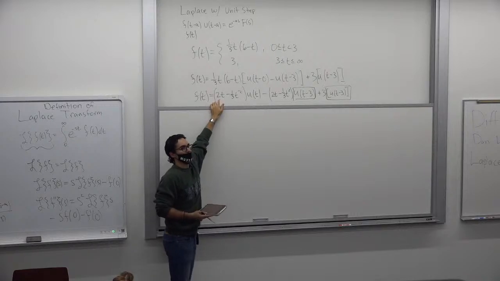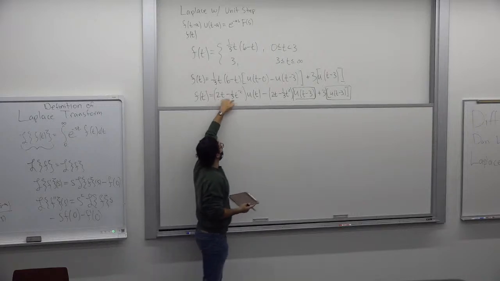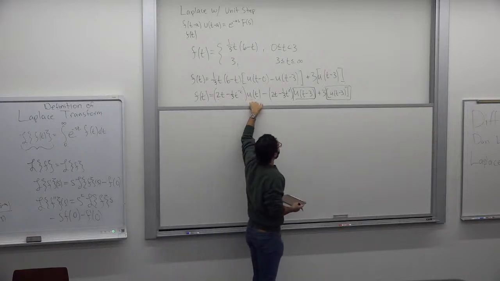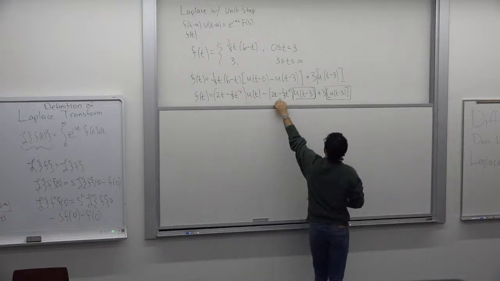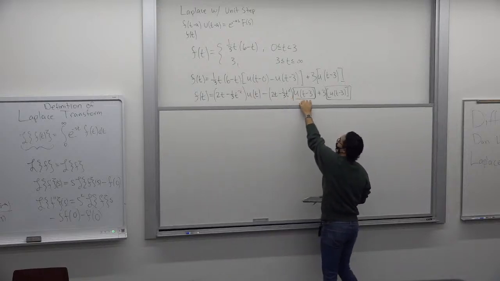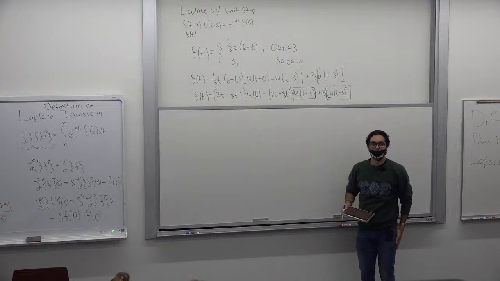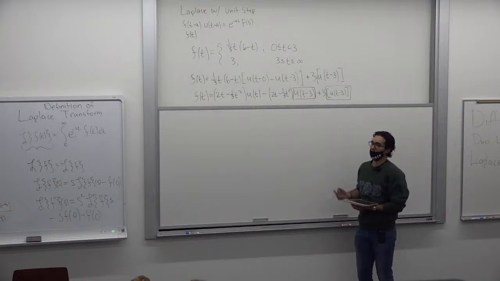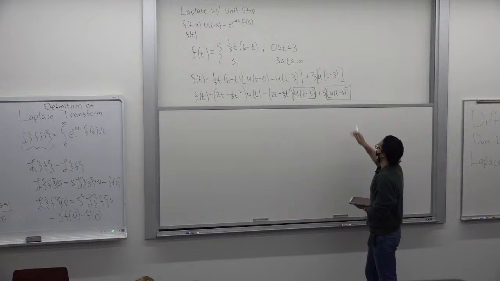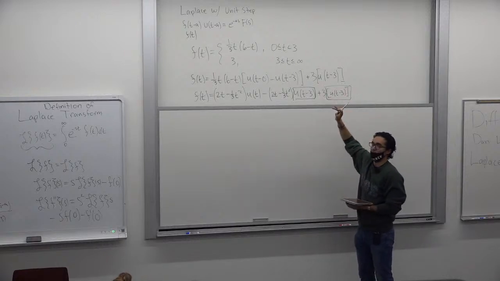So all these terms are the same. Do you see that? We have t, t, and t. Here we have t, t squared, and t minus 3. So those don't match, so we're going to make a match. And then here we have no t's, so we're good.